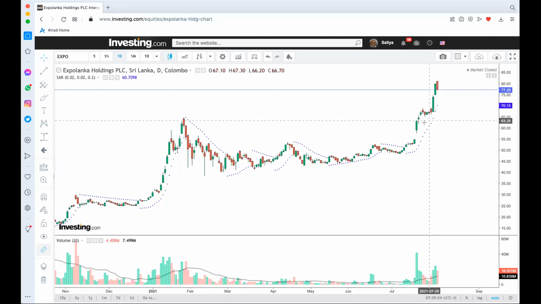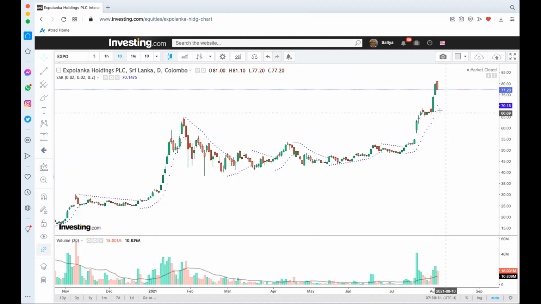In other words, the indicator displaying below the price will stop and reverse to appear above the prices, giving us an indication of a continuation of the reversal that would happen if the prices start falling to reach this parabolic indicator, right?